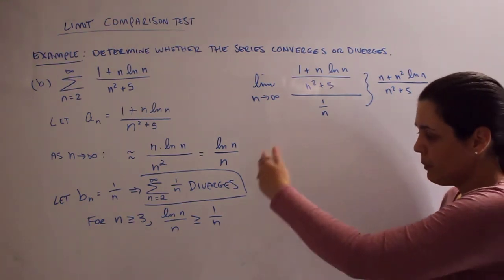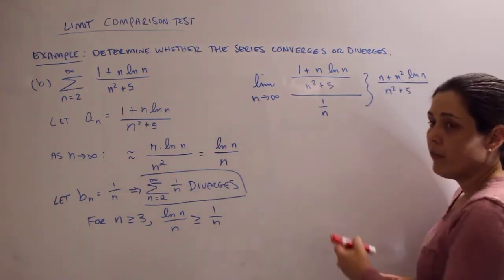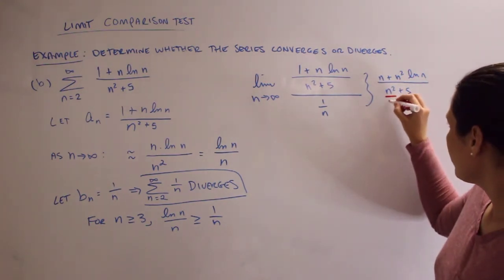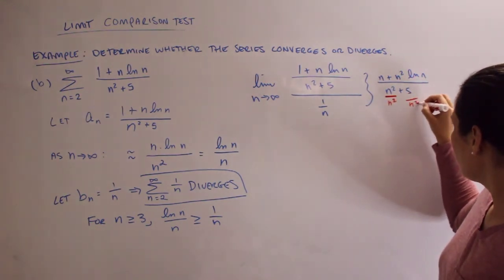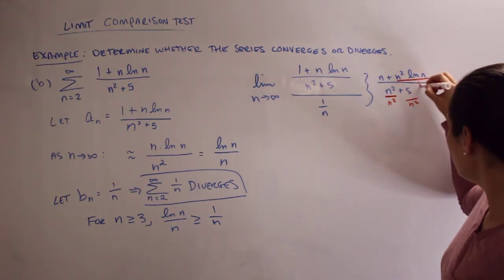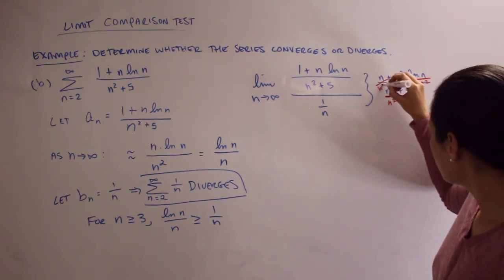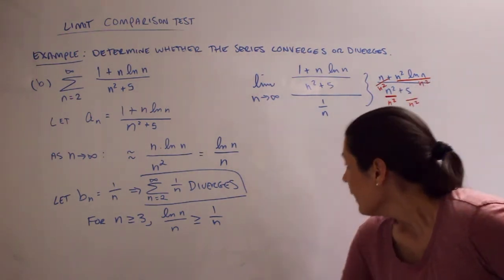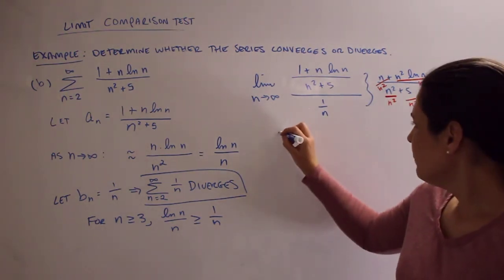We are taking the limit as n approaches infinity. So let's divide all of the terms by the highest power of n from the bottom, so divide by n squared on all of these terms. It's a little hard to see, but I'm just dividing everything by n squared. Then let's put our limit back on.